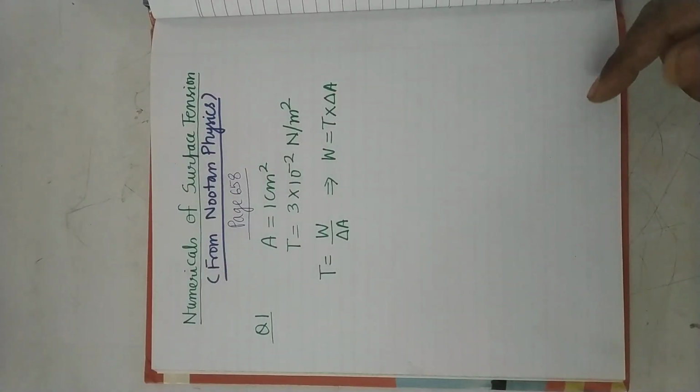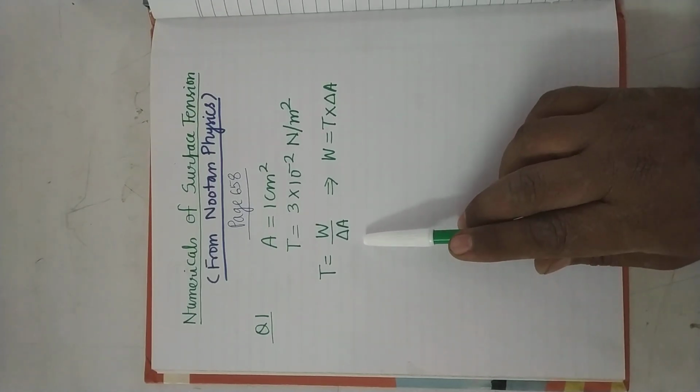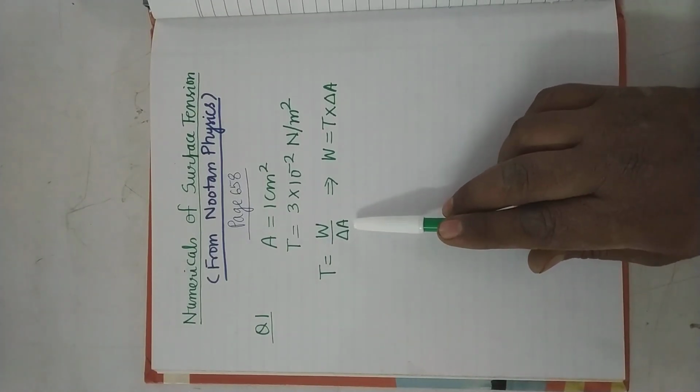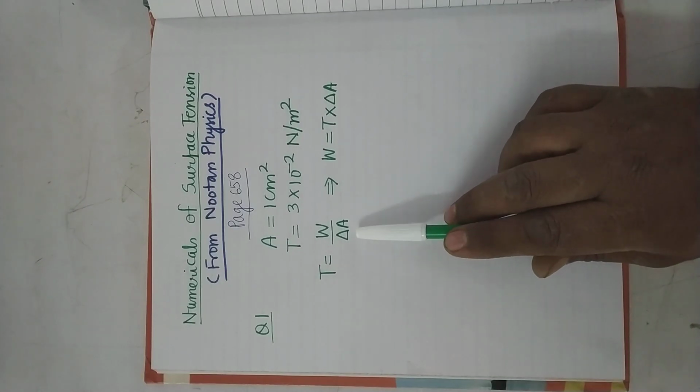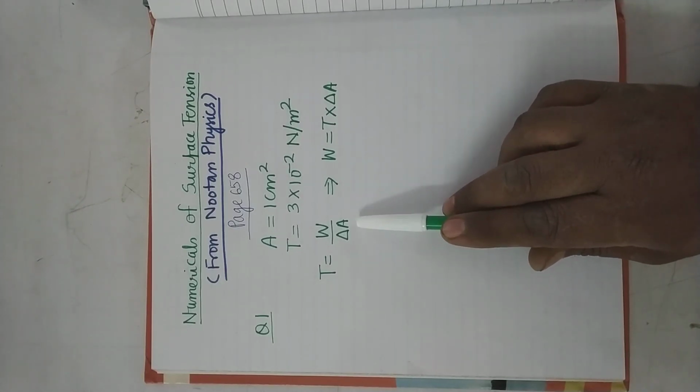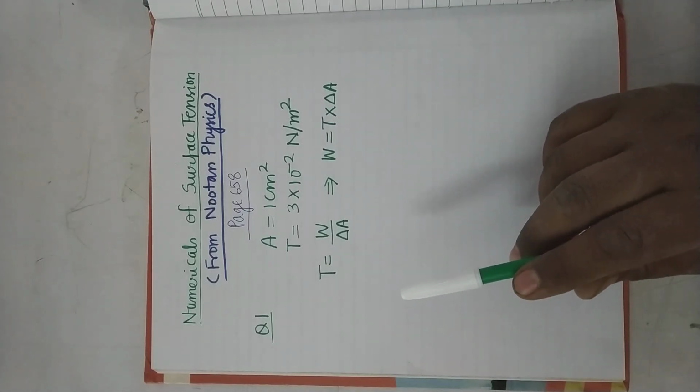So see here, what is the numerical definition of surface tension? It is the work done per unit area in enlarging the area of the film.